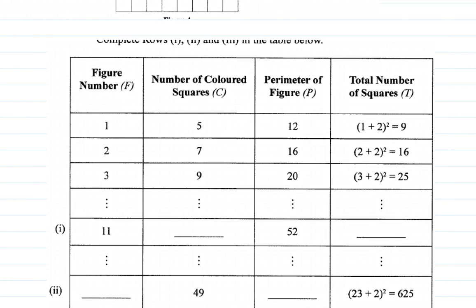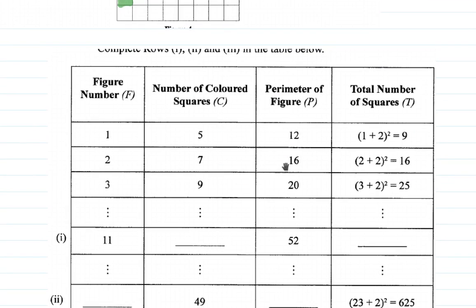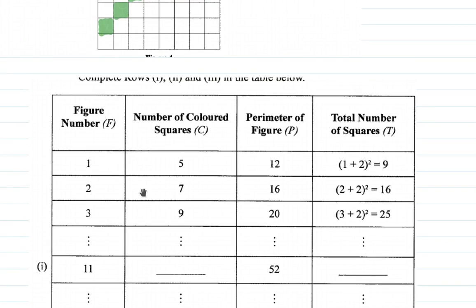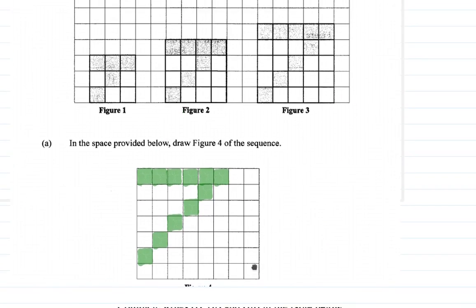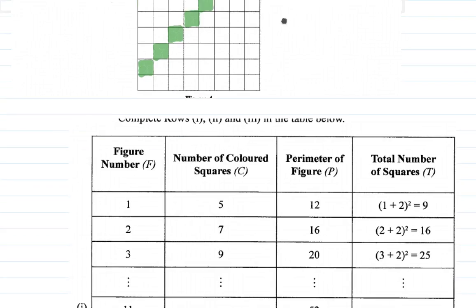Alright, good. Now, let us see what happens here in this case. Figure 1, you have 5 colored squares. In figure 1, 1, 2, 3, 4, 5. Okay, good.